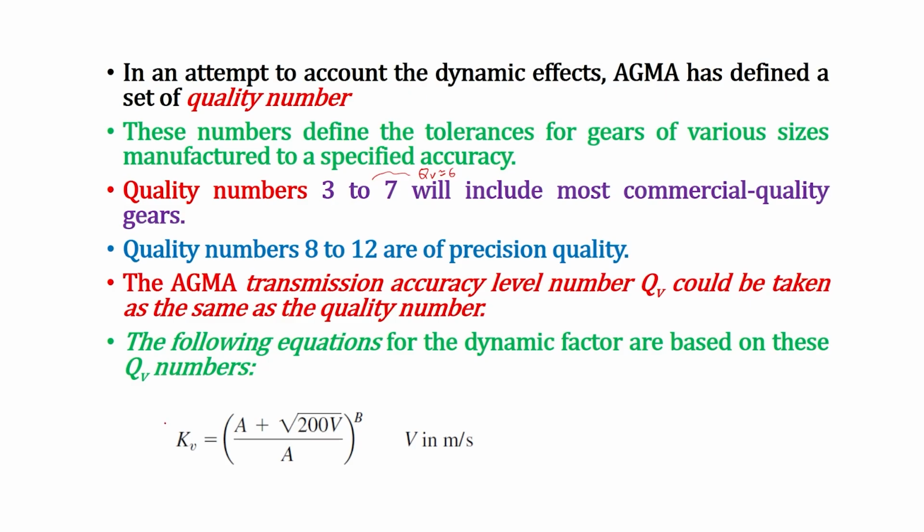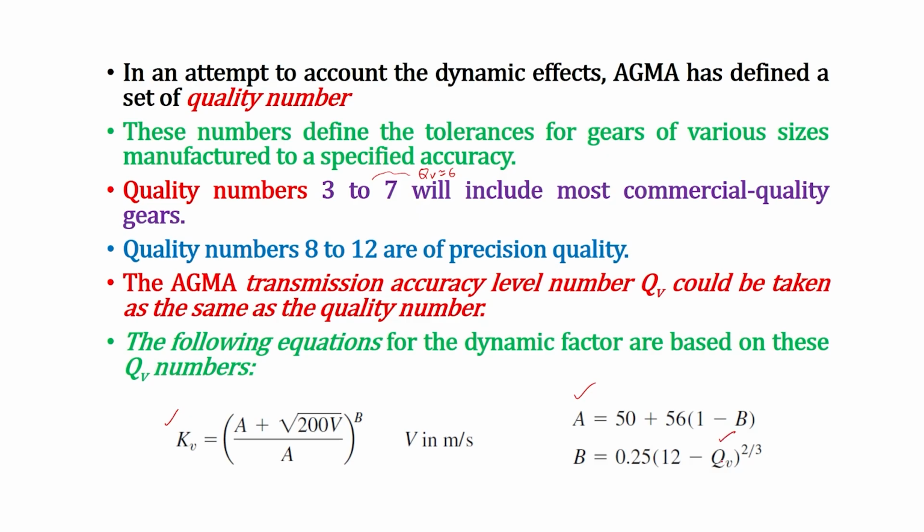The velocity factor or the dynamic factor is equal to (A plus the square root of 200 V) divided by A, to the power B, where V is the pitch line velocity in meter per second, A is given by this formula and B is given in terms of the quality value.